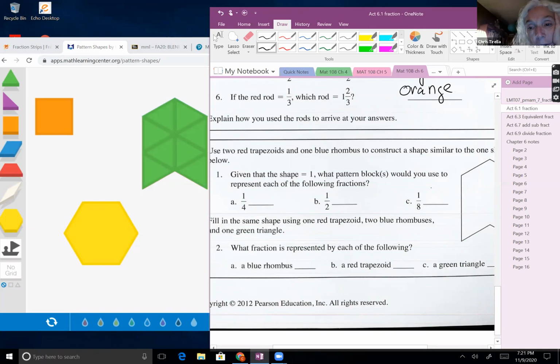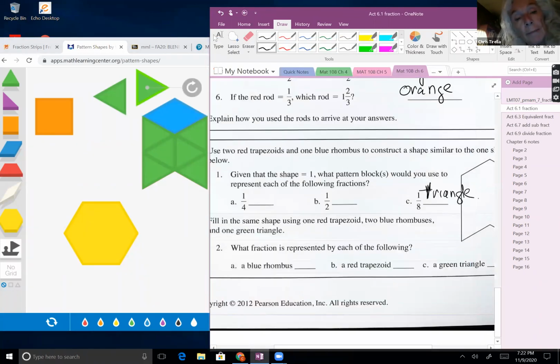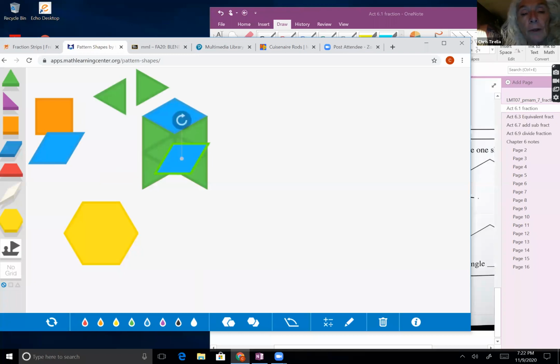So an 8th would be 1 triangle. And so if an 8th is 1 triangle, if it takes 8 triangles to fill that in, I'd have to arrange them carefully, but wouldn't I be able to fill that shape in with 4 of the blue rhombuses? 1, 2, 3, 4.